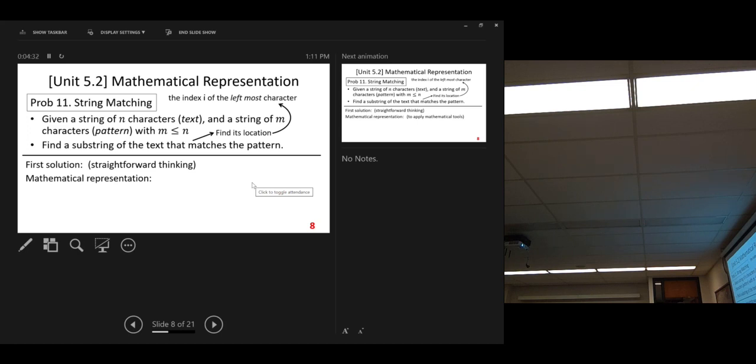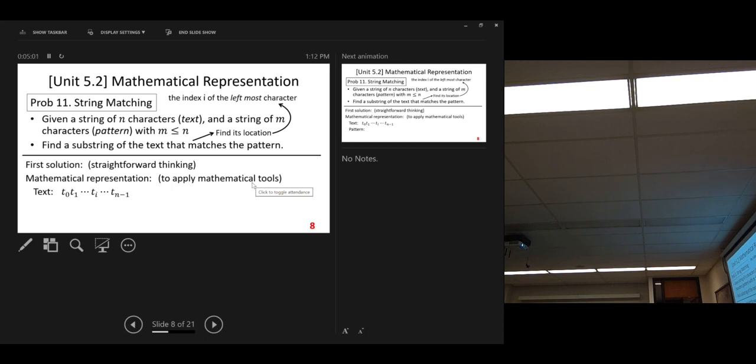Then you can use math tools to solve it. It also helps your thinking. In words, how can you solve it? How do we think in words? You will feel it is very hard. So that's why representation is very important. Let's represent the text first.